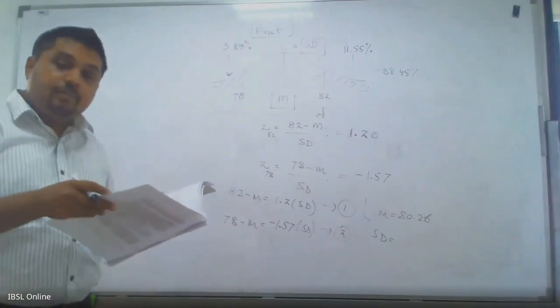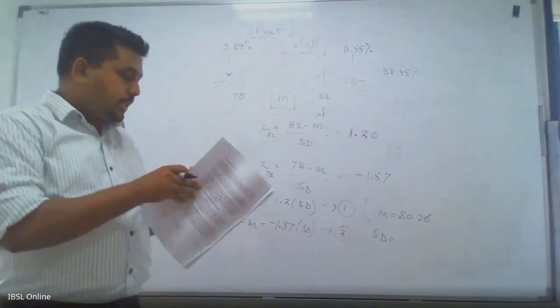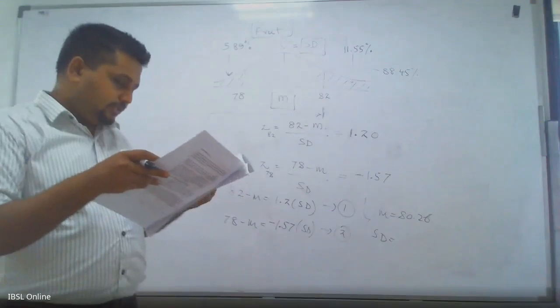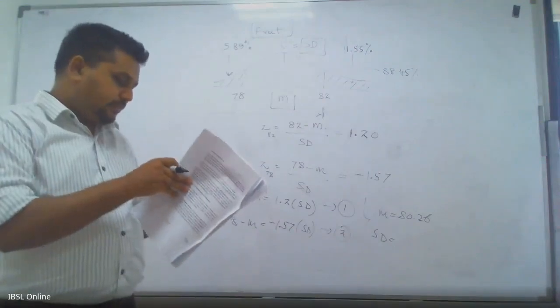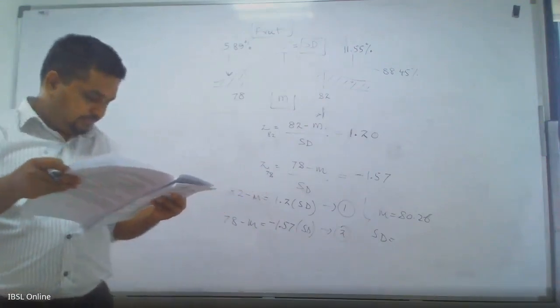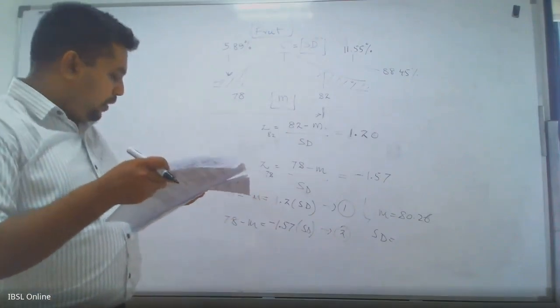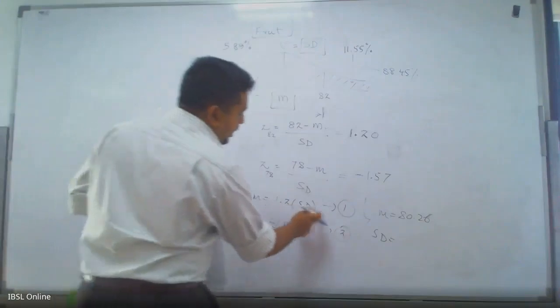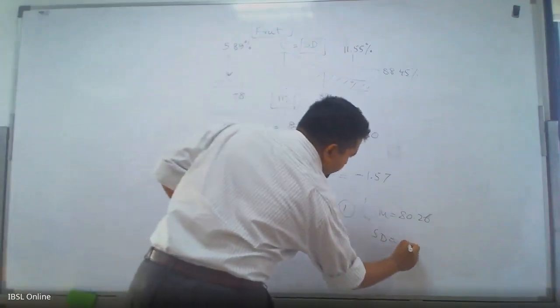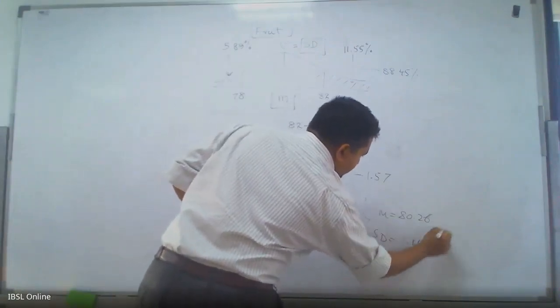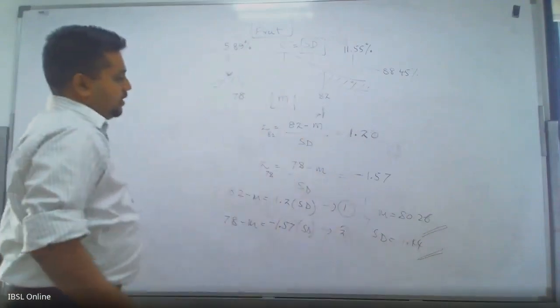Once you apply that m to one of these two equations, you can get the standard deviation value also. Yeah, the standard deviation will be 1.44 approximately by applying this m to any of these two equations. So these are the answers for part number 3.